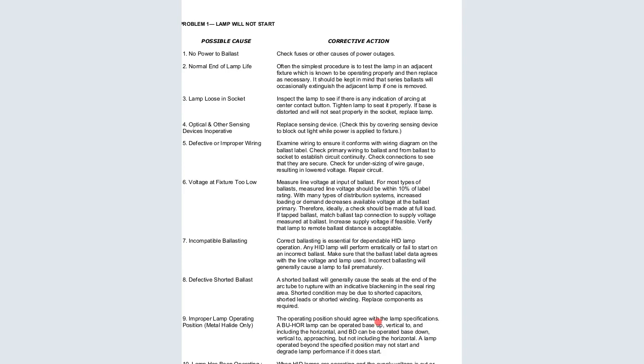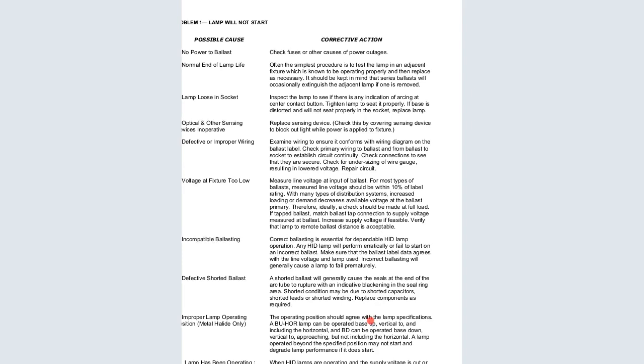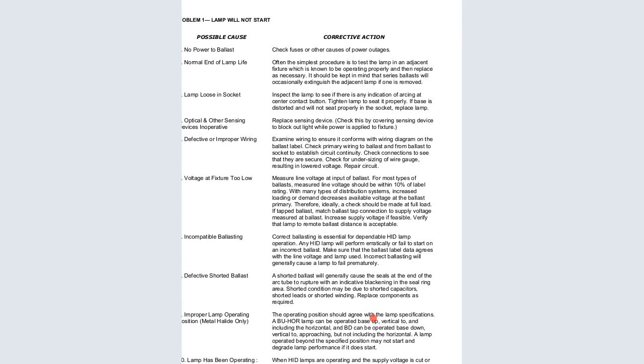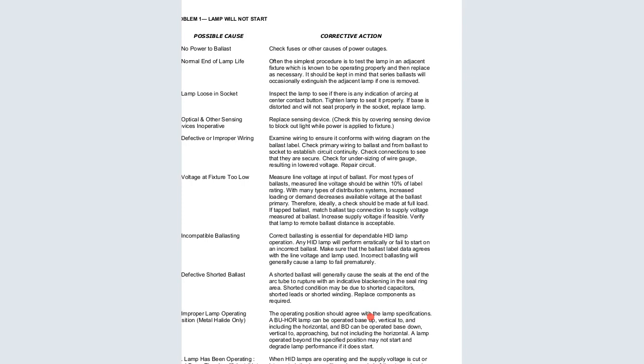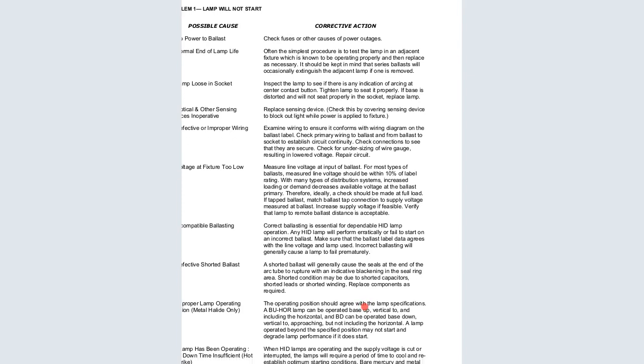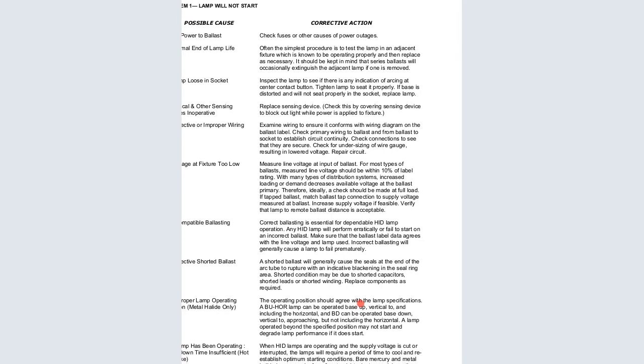Therefore, ideally, a check should be made at full load. If it is a tapped ballast, match the ballast tap connection to the supply voltage measured at the ballast. If increasing the supply voltage is feasible, then verify that the lamp to remote ballast distance is acceptable.